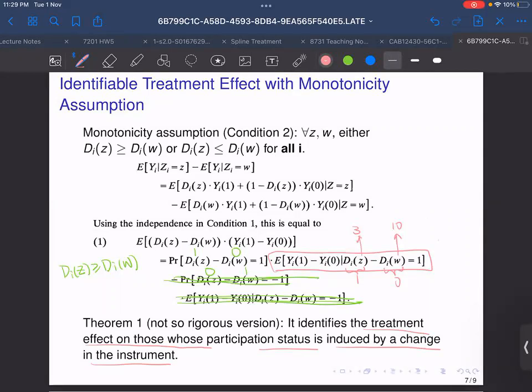So we are only estimating the treatment effect for this very particular subgroup. I have to repeat this point. If your instrumental variable value changes, in this case from 3 to 10, then at 3 you join the army, at 10 you don't join the army. That means your treatment status actually changed from 1 to 0, right? So we are only estimating the treatment effect for this very particular subpopulation.